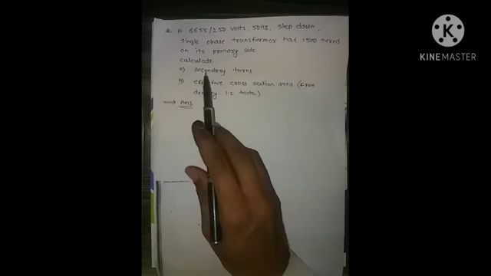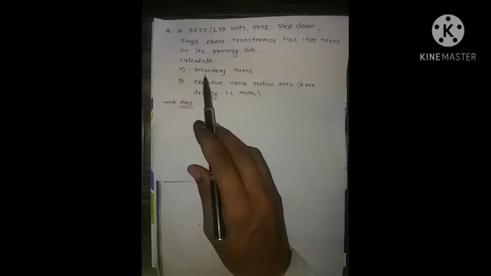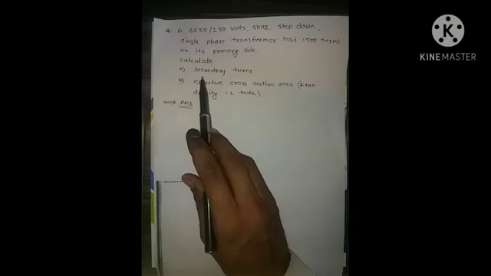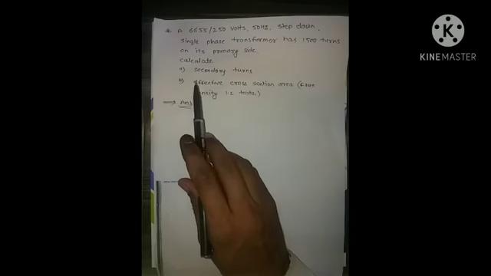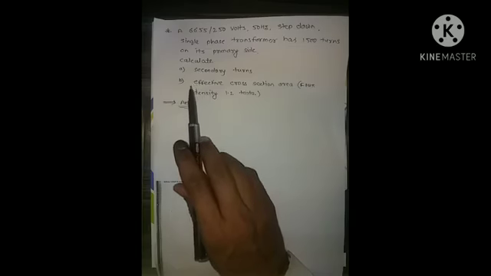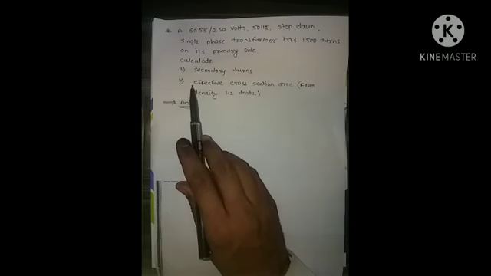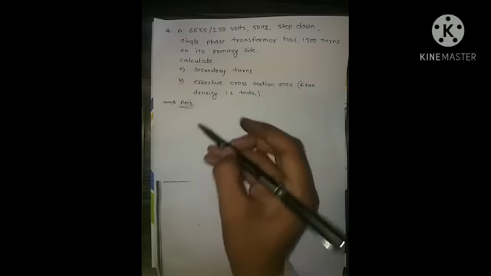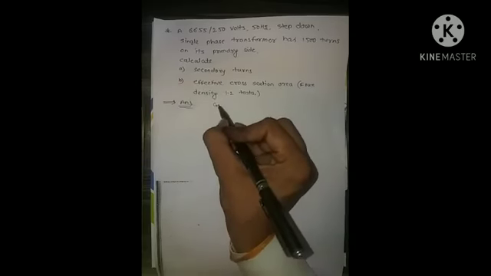Calculate the secondary turns, that is N2. After that, the cross section area, considering the flux density is 1.2 Tesla. Okay, now we solve this. The solution to the above problem can be calculated as follows, and for that we have to write the given data.